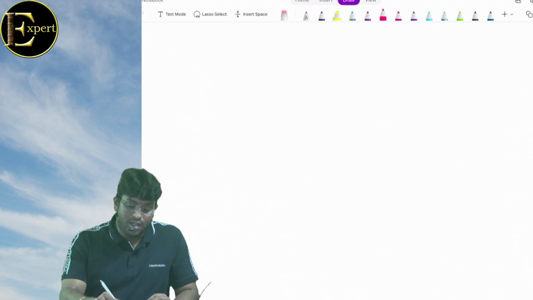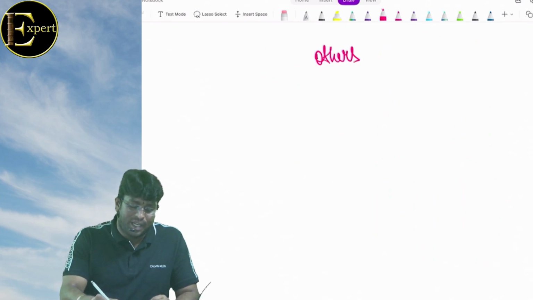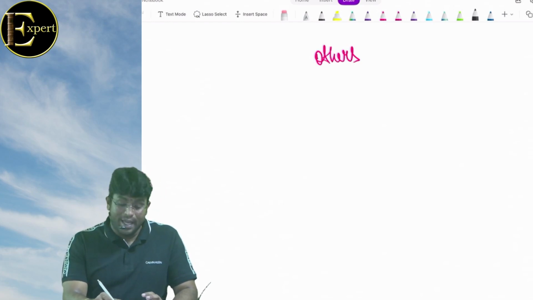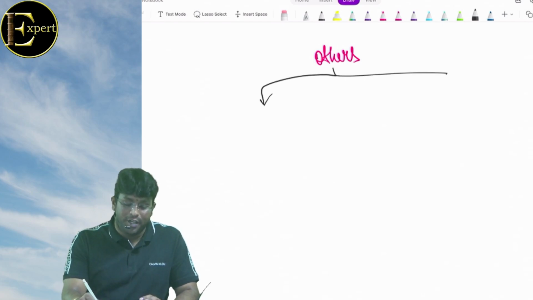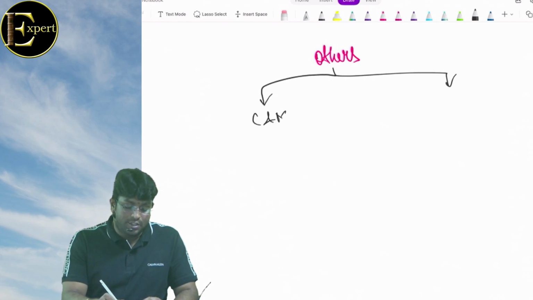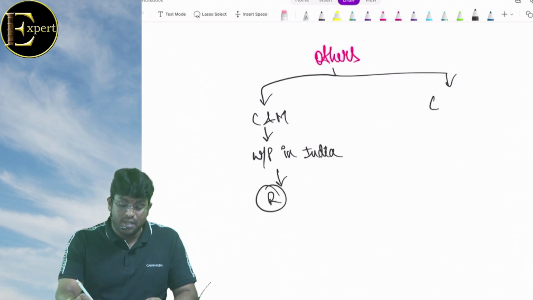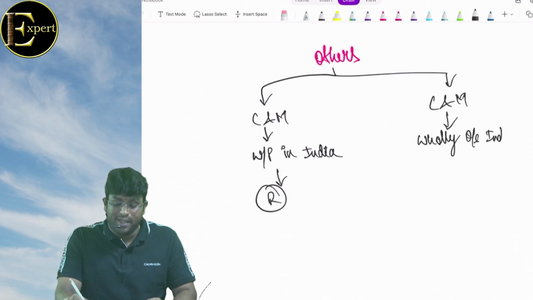Next, others. What will come in others? Firm, LLP, AOP, BOI, AJP. Simple point. If control and management is wholly or partly in India, what will you say? Resident. If control and management is wholly outside India, what will you say? Non-resident. That's it.